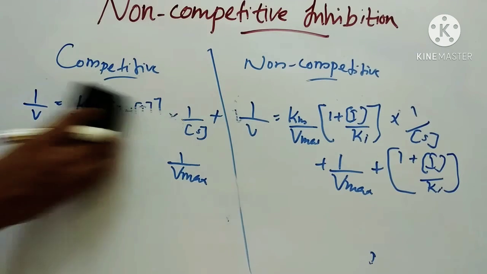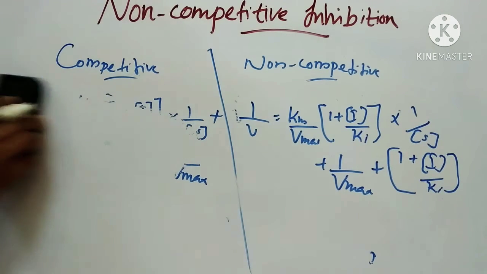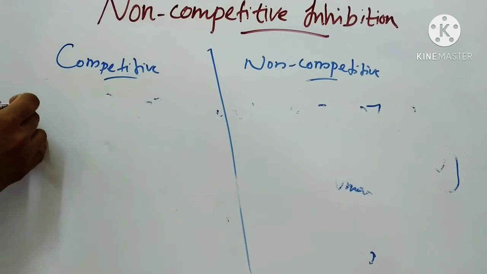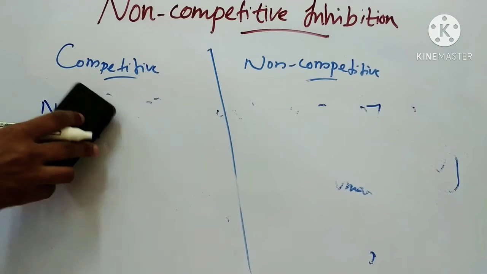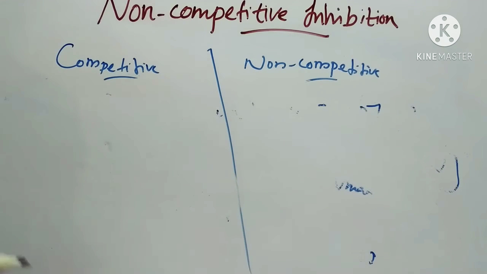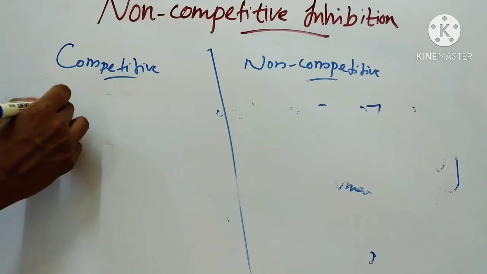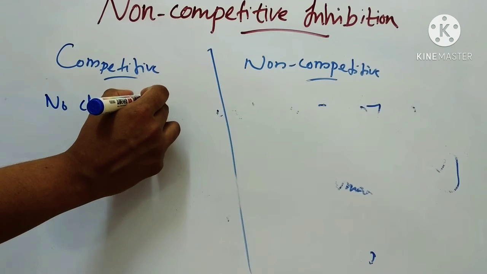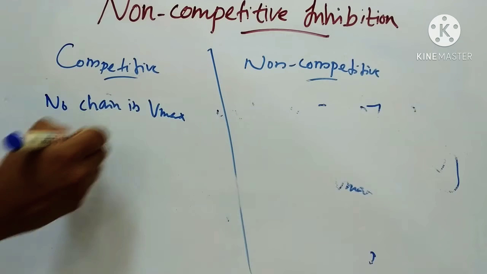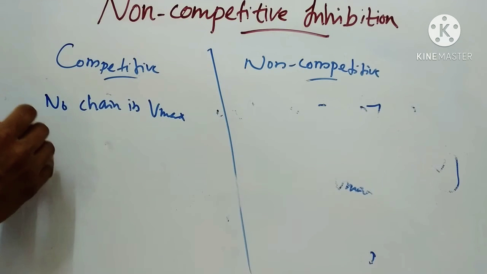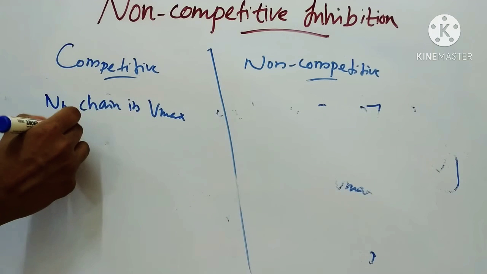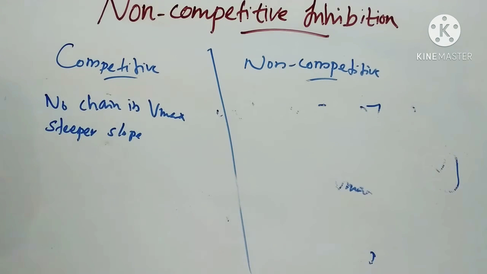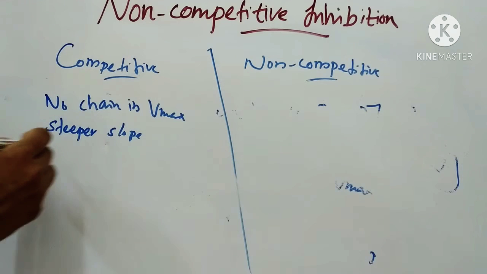Then next is the plot. In competitive inhibition, there is no change in the y-intercept, and the y-intercept means Vmax. It possesses a steeper slope and a smaller x-intercept.